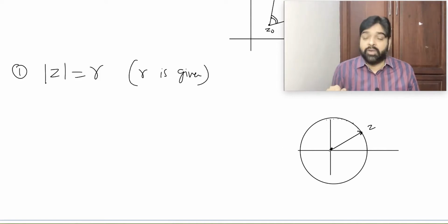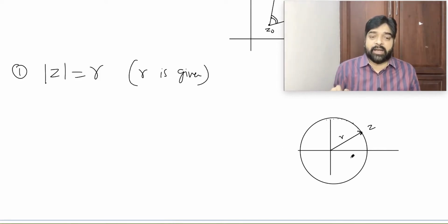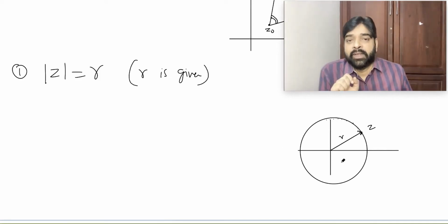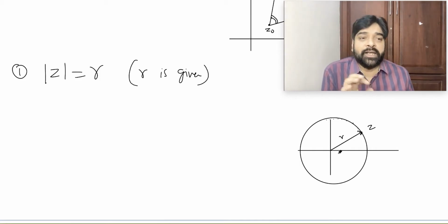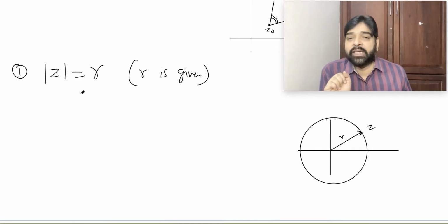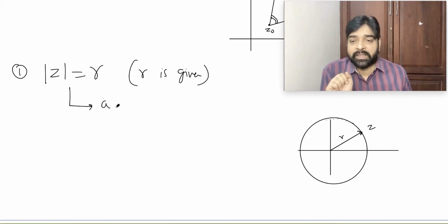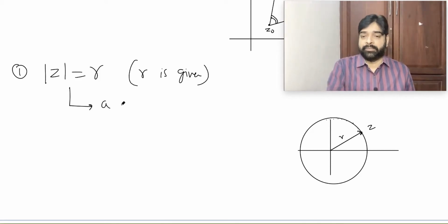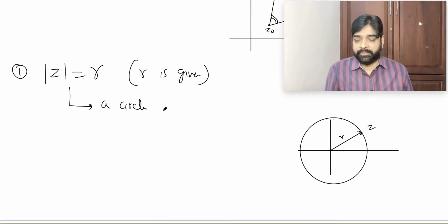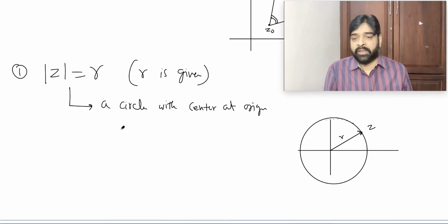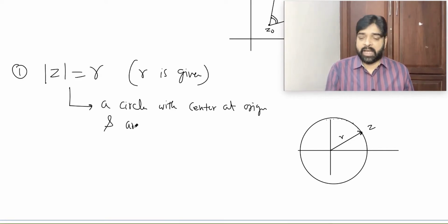A circle whose center is the origin and radius is r. So mod z equal to r will represent a circle with center at origin and radius r.